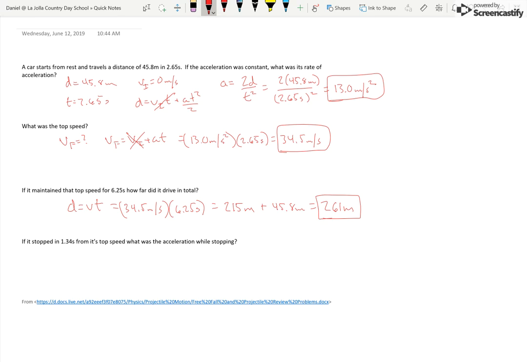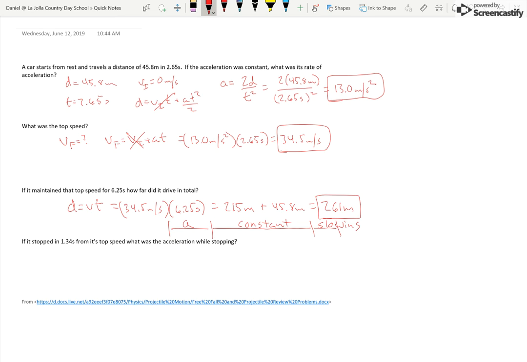Again, understanding here that this was the car speeding up for the initial segment, so here's where the acceleration is happening. And now here, for the longer section, this is where we're going at a constant speed. So we have two motions that are taking place. In the end, we now have a third motion that's happening here where the car is slowing.